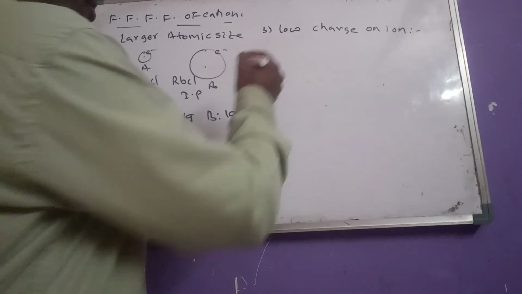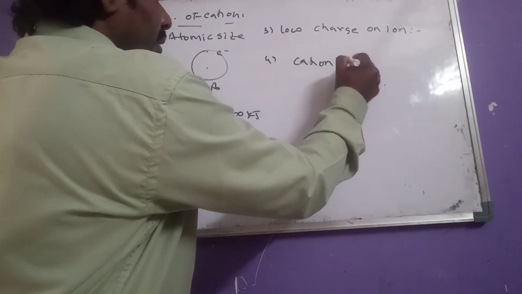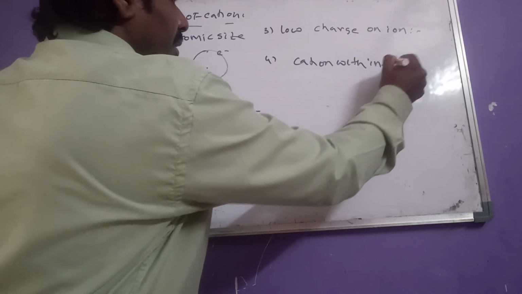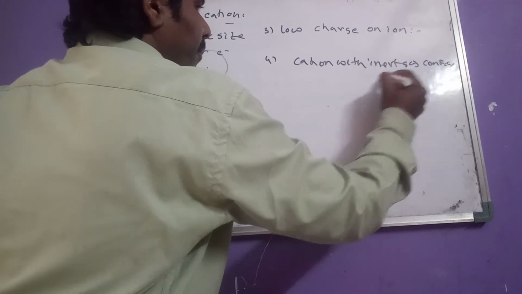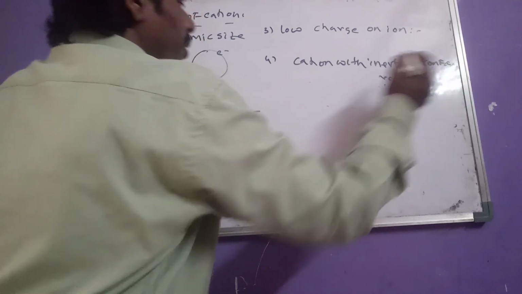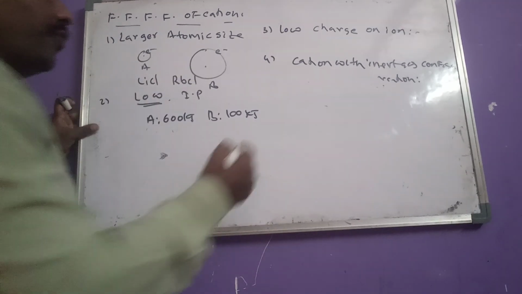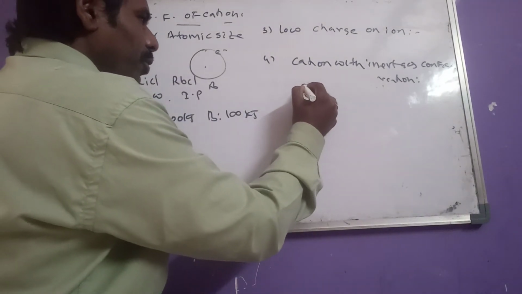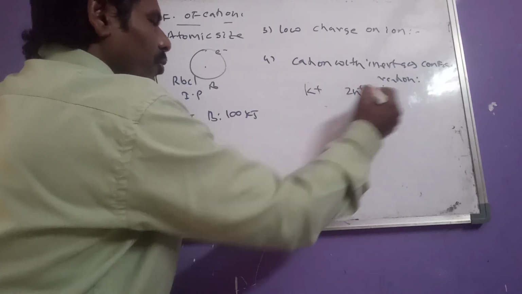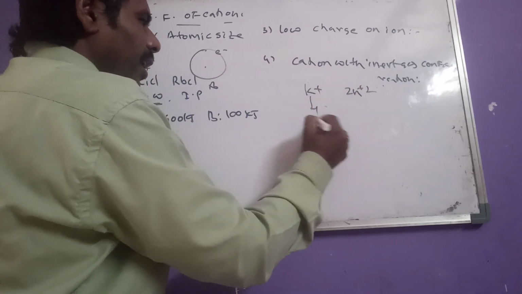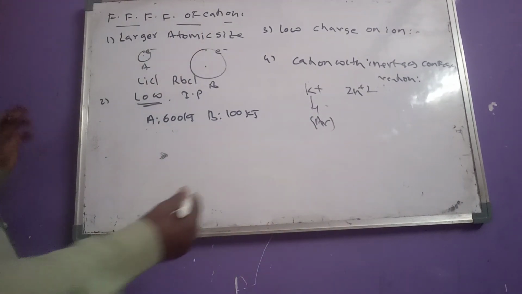Now come to the fourth favorable factor: formation of a cation with inert gas configuration. If a cation is formed with inert gas configuration, that process takes place easily. For example, K+ and Zn+2. K+ has argon electronic configuration, that means inert gas configuration.